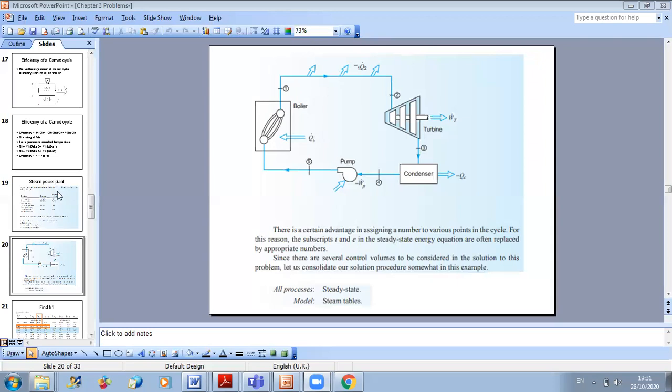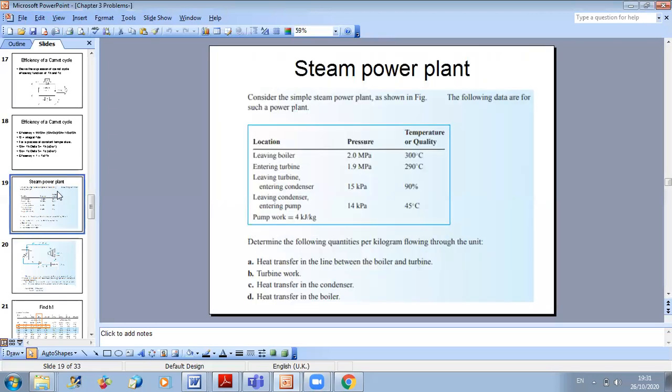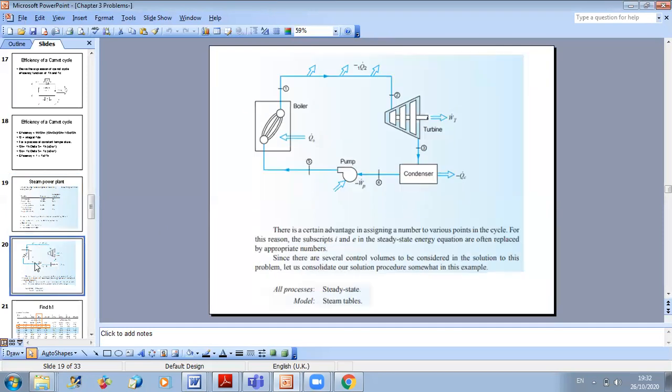Okay, so let us now see what are the given. For the given, they gave us the state leaving the boiler, okay, 2 megapascal and 300 degrees. Now, always, you can predict the state. Because it's a boiler, at the exit from the boiler, what do you expect to have? So in general, a boiler will heat my steam, okay?